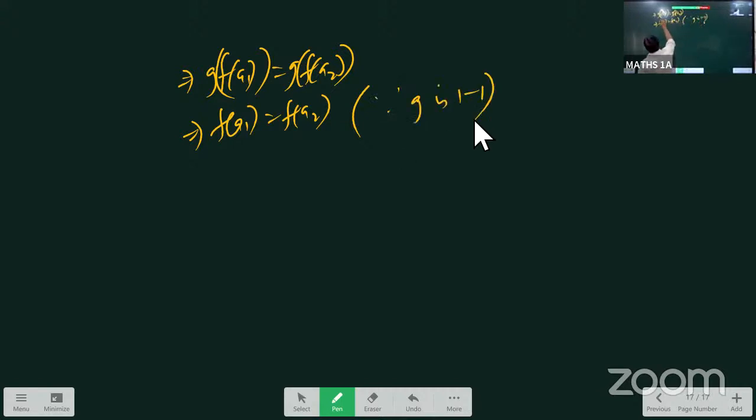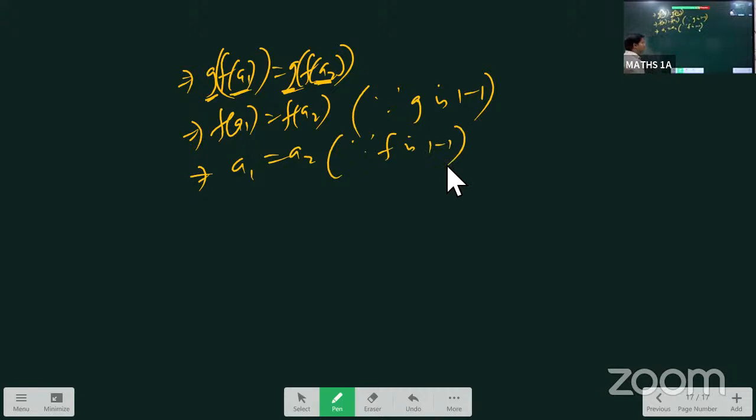Now, with respect to G function, if it is 1-1, then the elements must be equal. So for G, what are the domain elements? F of A1 and F of A2. Means F of A1 must be equal to F of A2. For F of A1 and F of A2, what are your domain elements? A1 and A2. So that implies A1 equal to A2 since F is 1-1.